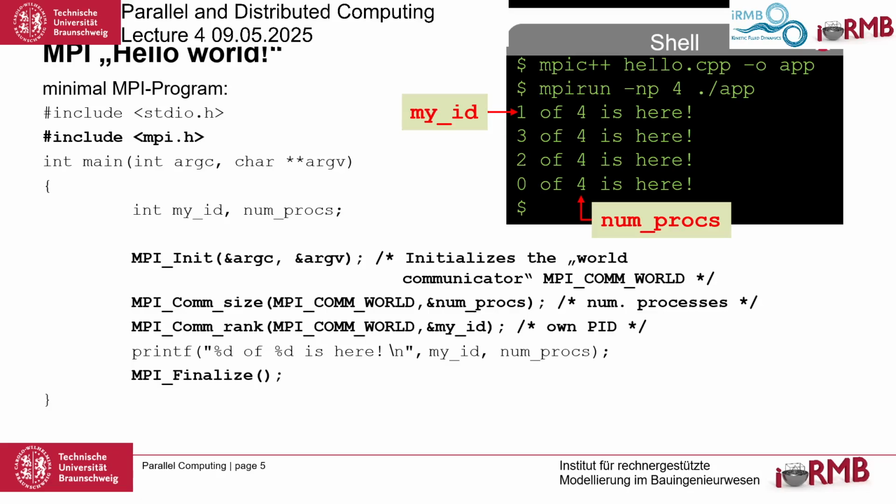Not all of them, but usually we don't catch their return value. Rather, we pass arguments by reference, and then they will modify these variables that you send by reference. This is in particular important for the next two commands here.